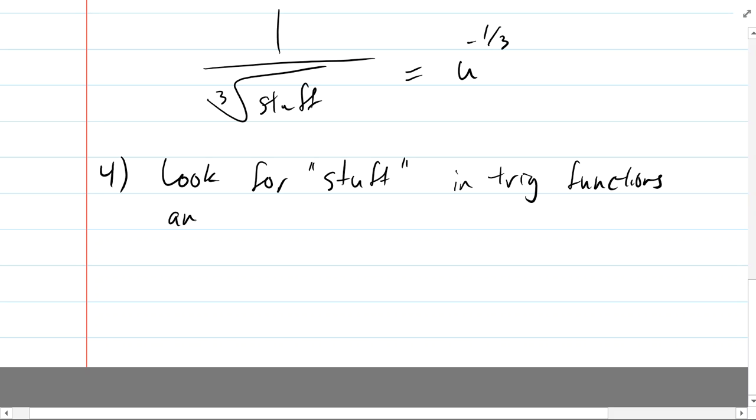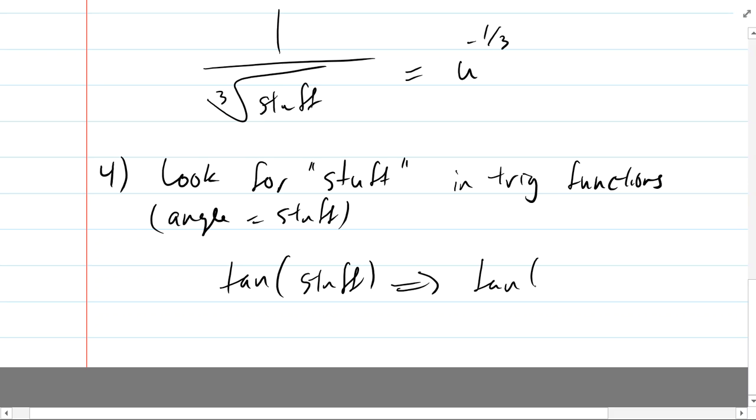So the angle is equal to stuff, right? So if I have tangent of stuff, that means I'm going to transform it to tangent of u, and then I'm going to take its derivative and I'm going to have just a coefficient change. Every single time.